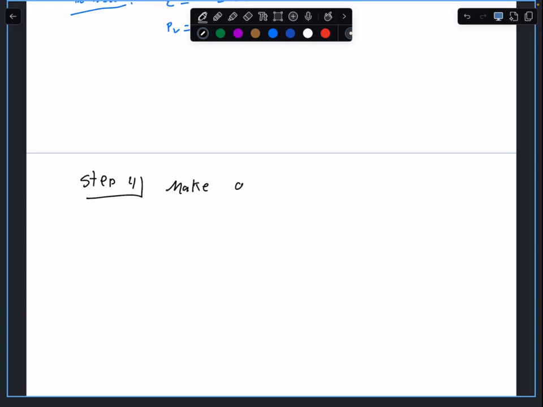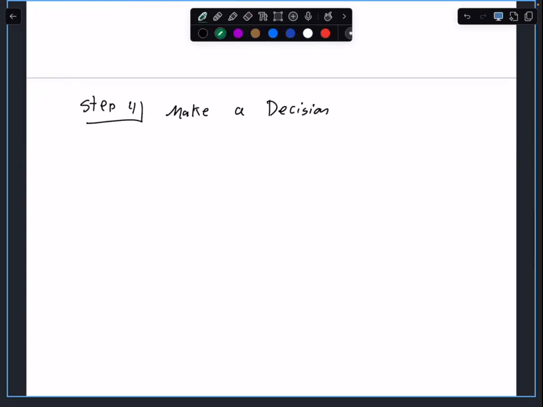Make a decision. All right. Now, when we make a decision, there's two decisions that we can do. Decision 1 is we reject the null hypothesis.